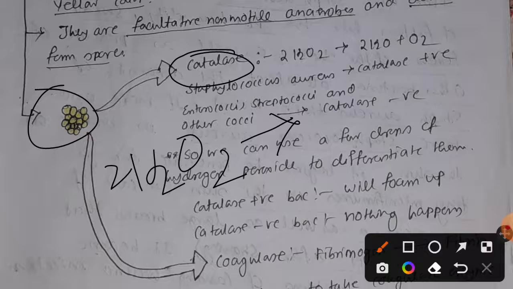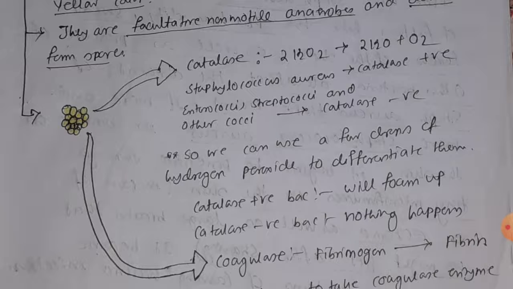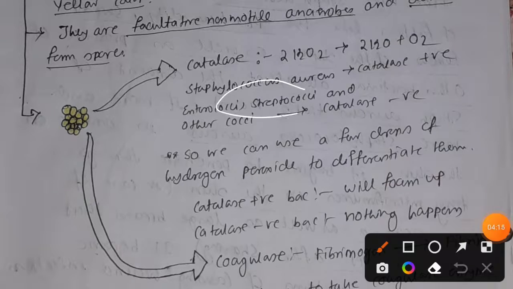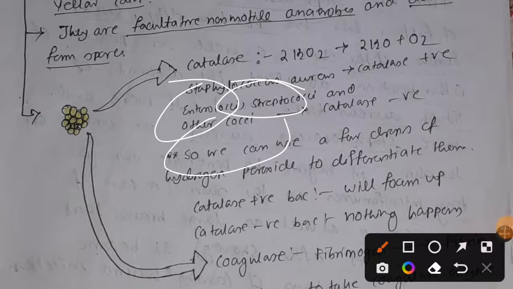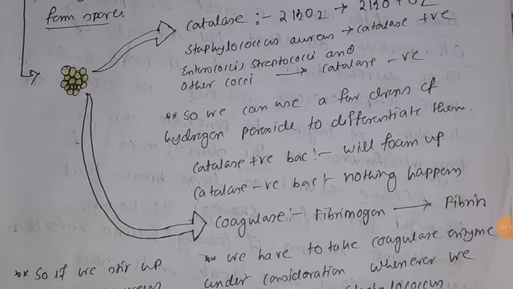Remember it very carefully: Staphylococcus aureus has the ability to produce catalase, while other types of cocci do not. So you can use a small drop of hydrogen peroxide to distinguish between Staphylococcus aureus and other cocci, let's say Streptococcus and Enterococcus.